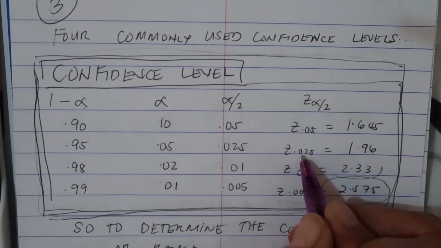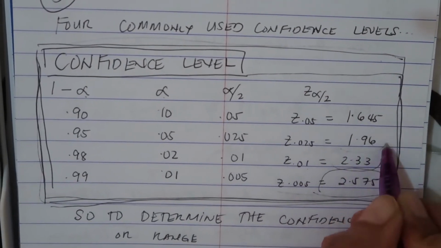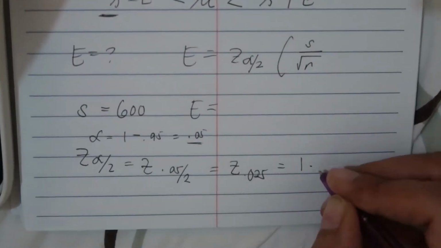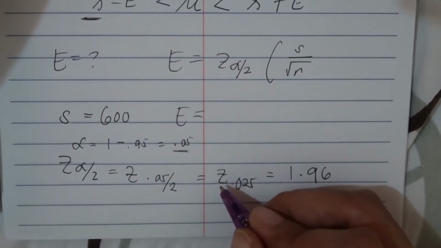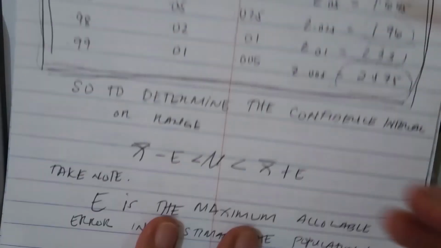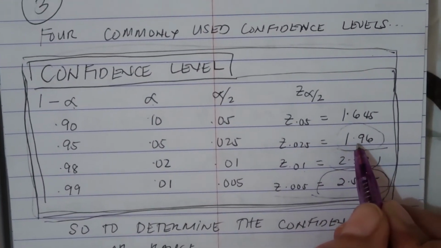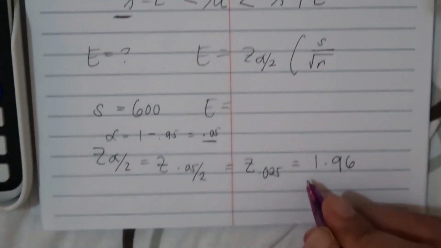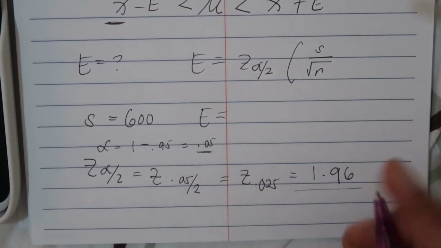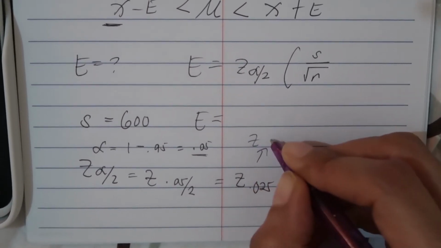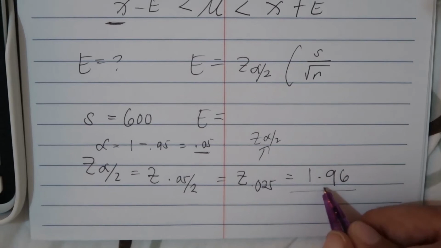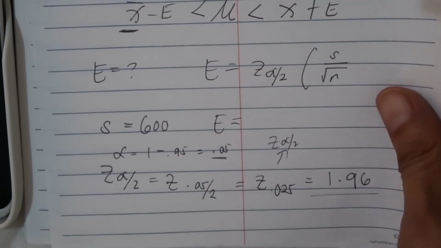Z 0.025, using the table, is 1.96. Okay. So that is your Z alpha over 2, 1.96. Now, we can now solve for E.